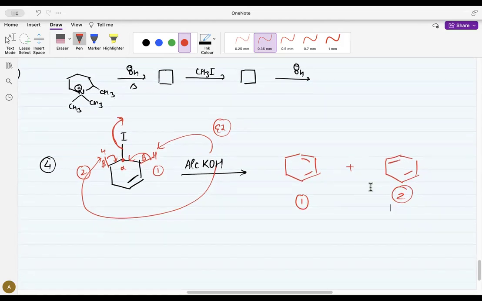So out of 1 and 2, which will be our major and which will be minor? Tell me. Write in the chat box which one is major, which one is minor. Which hydrogen will be major and which alkene will be major, which will be minor. And write the reason also. Second one is major or first one is major?